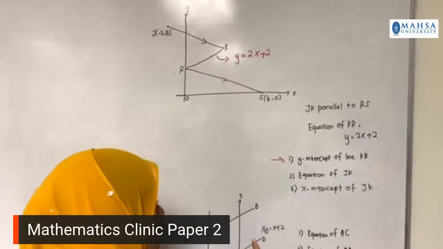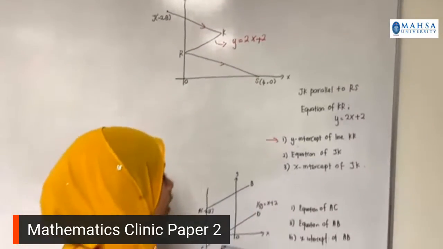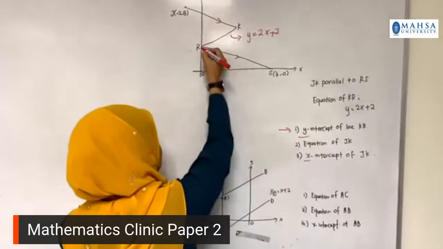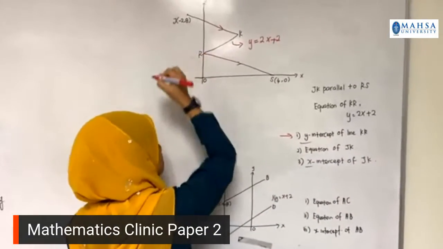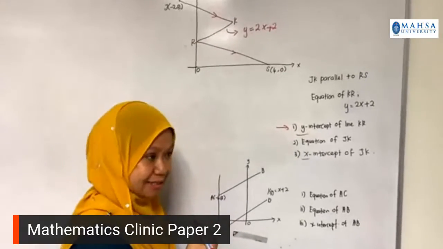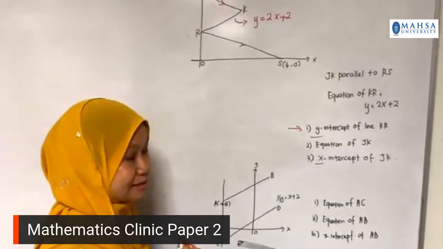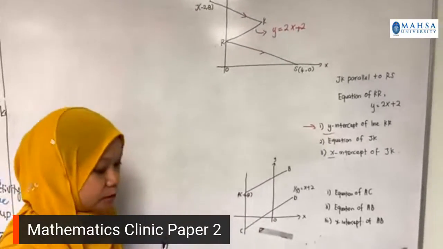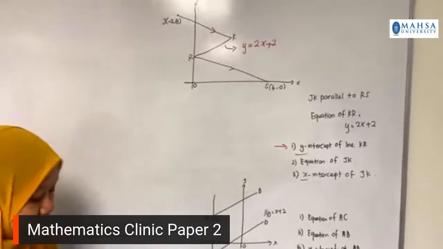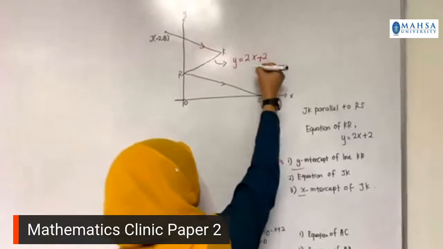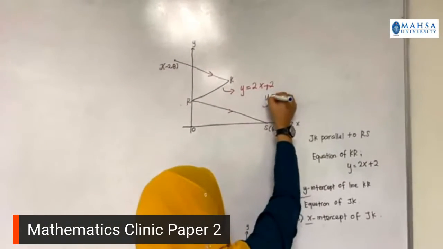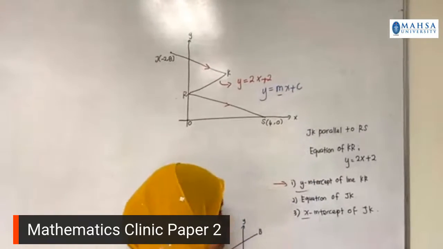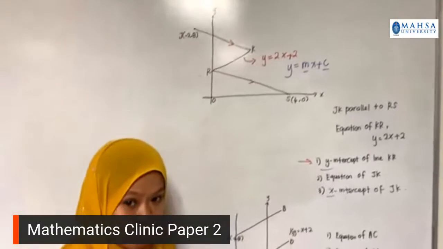So, y-intercept and x-intercept. What is the meaning of y-intercept and x-intercept? Y-intercept means that the line touches your y-axis. We call it the y-intercept. For this one, please refer back to the formula I informed you just now, y equal to mx plus c. m is the gradient and c is the y-intercept.